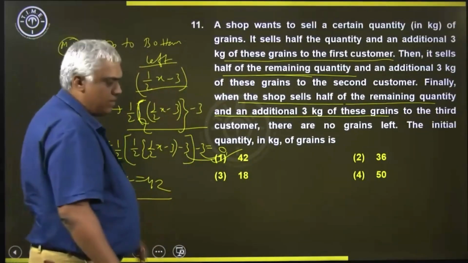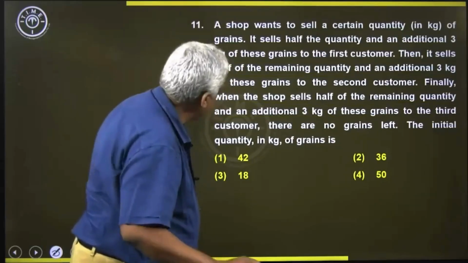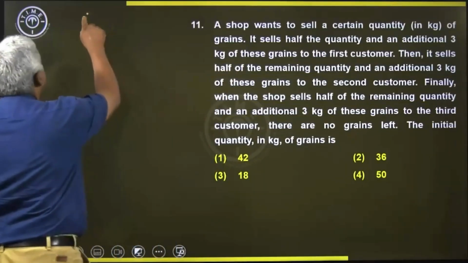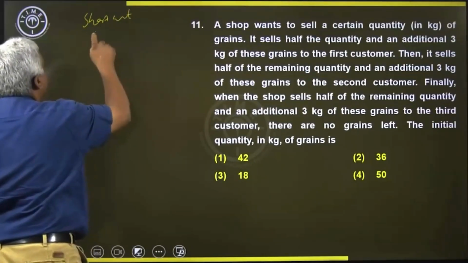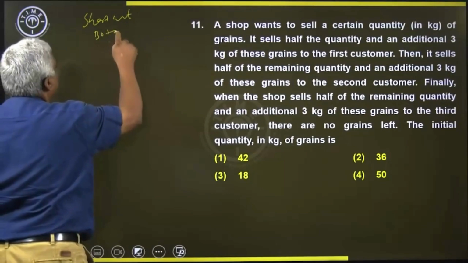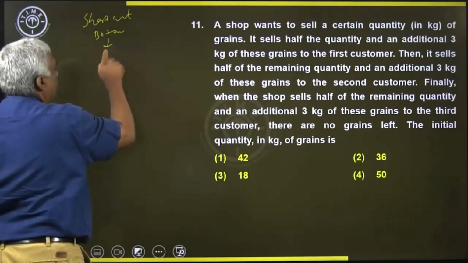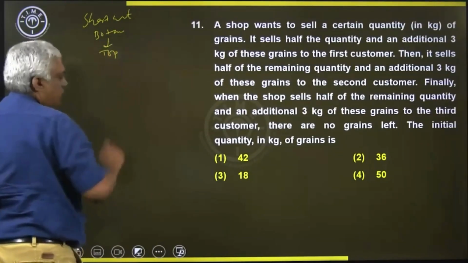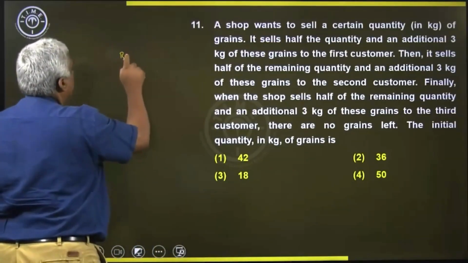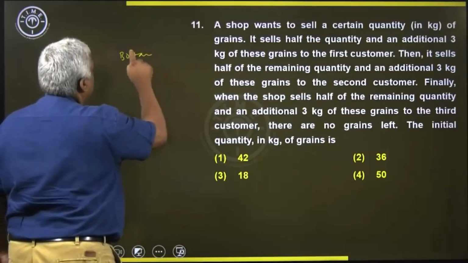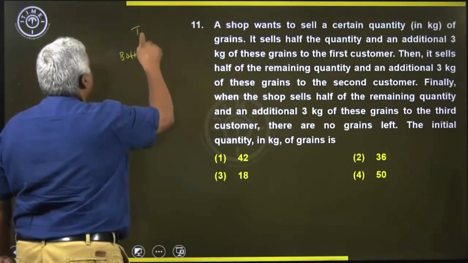I will show you the shortcut. The shortcut method is, we can do the bottom to top approach. So I should write like this. We'll start from the bottom to top approach.